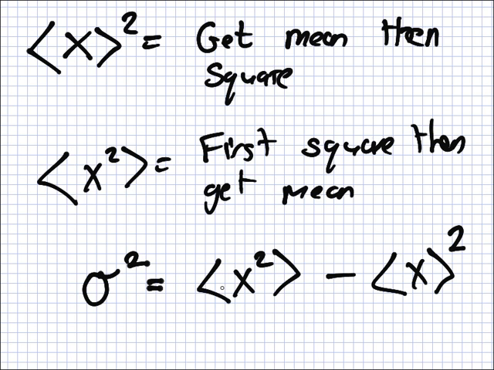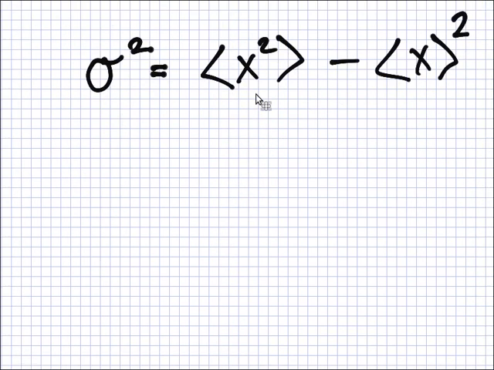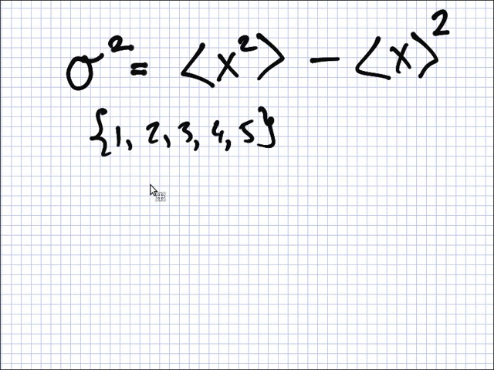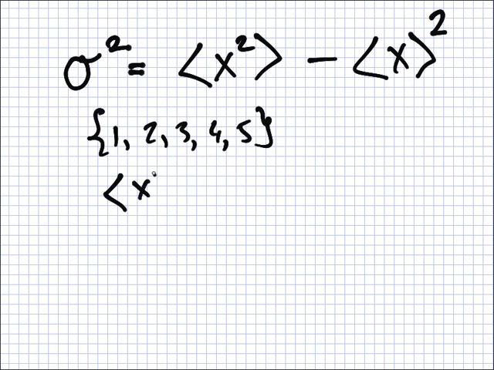Okay. Can I look at an example? I'm going to use the same 5 numbers, 1, 2, 3, 4, 5, but use this formula now. First thing, this symbol here means you get the average and then you square. So what did we say the average here was? 3, and square? 9.